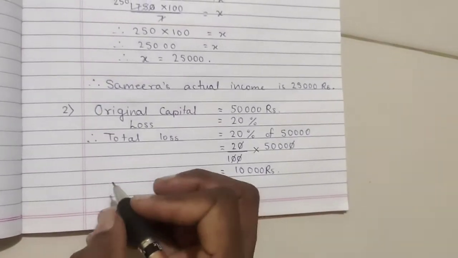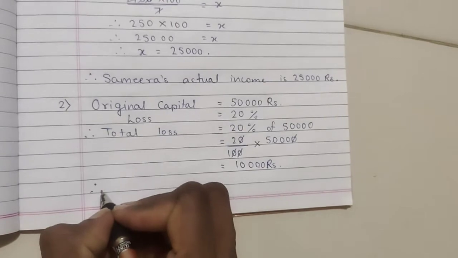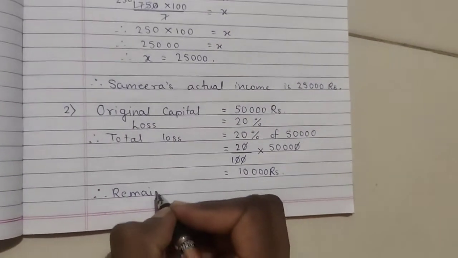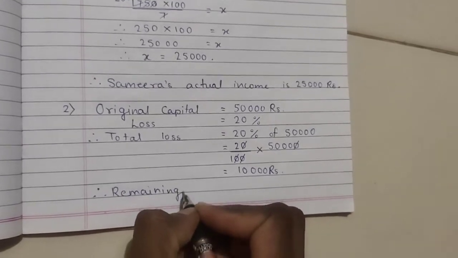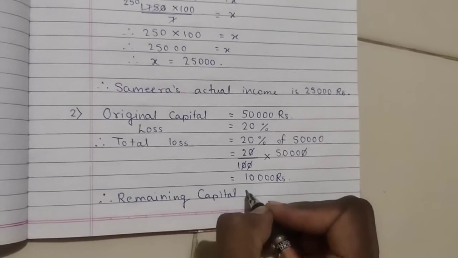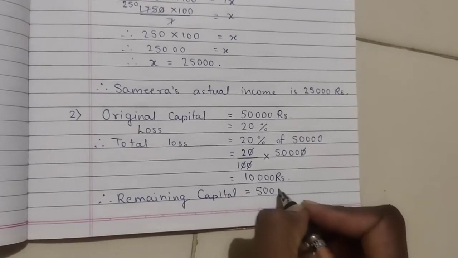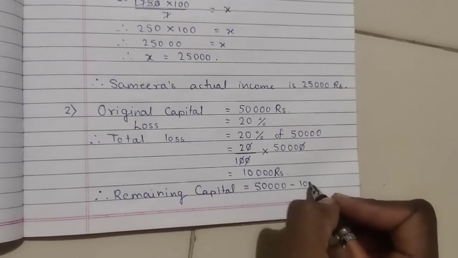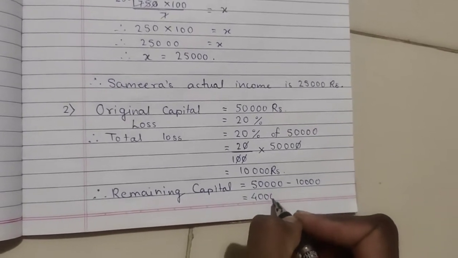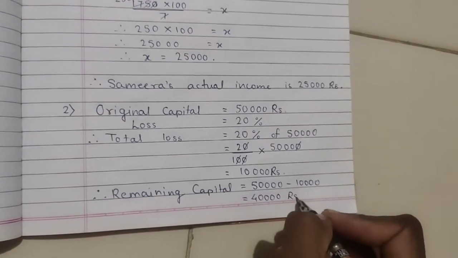So let us find out the remaining capital. Therefore, remaining capital: how to find out? You have to do 50,000 minus 10,000, and definitely you are going to get 40,000 rupees.